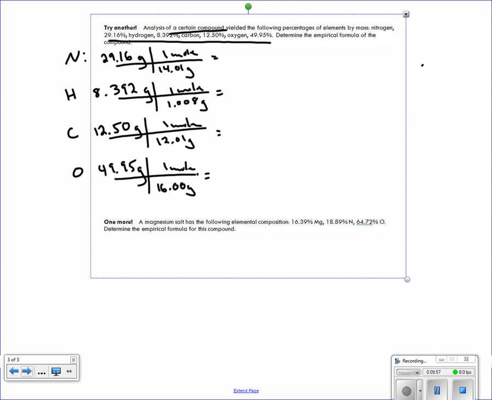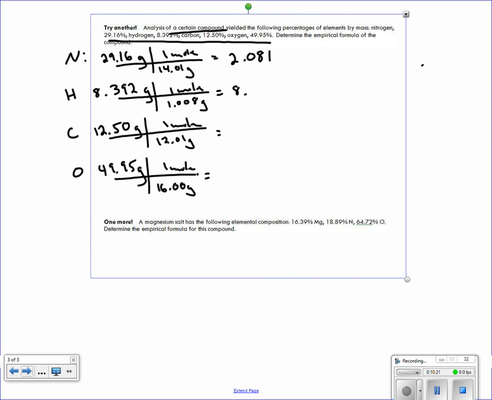Let's start plugging these through. So 29.16 divided by 14.01 gives me 2.08. And again, we'll keep track of sig figs, but remember that when we do that divide by smallest step, sig figs kind of get ignored only for that one time.